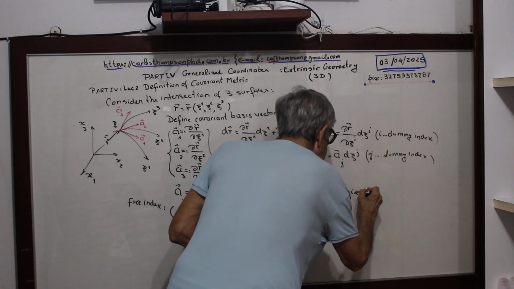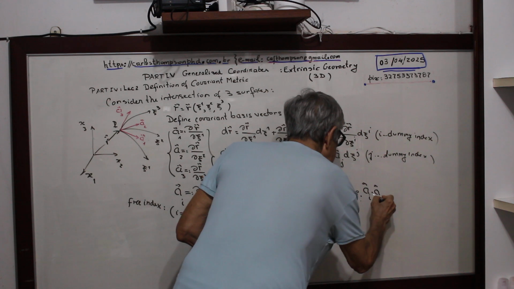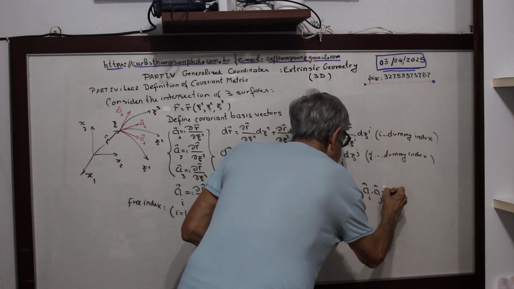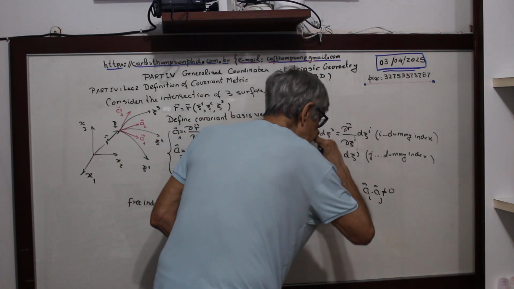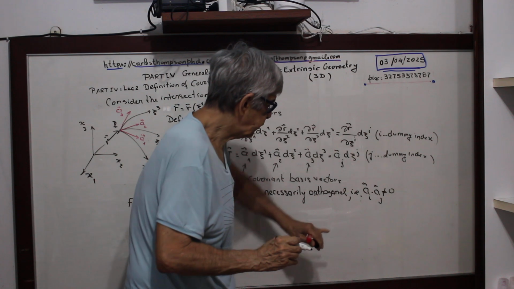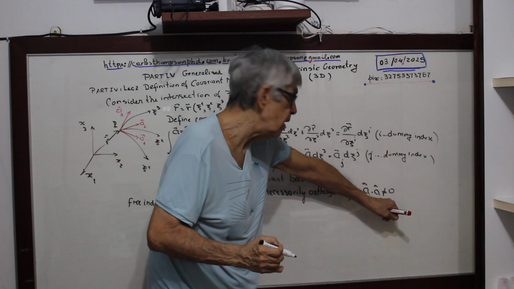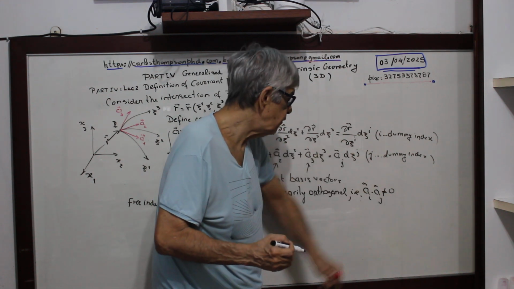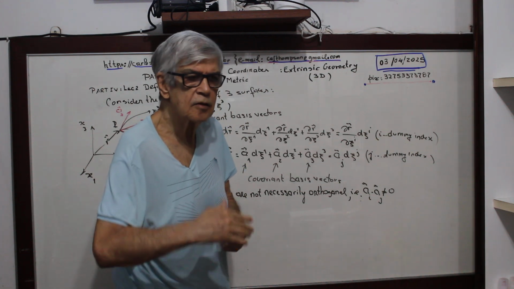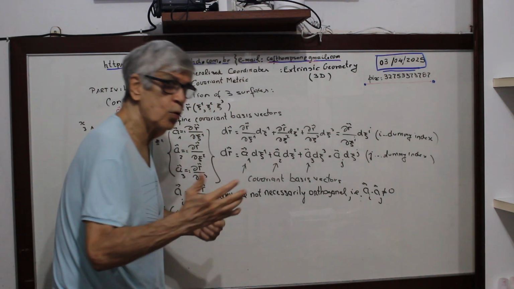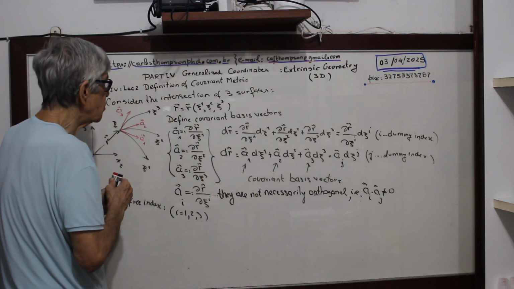That is, Ai dot Aj, the dot product between Ai and Aj, in general, is different from 0. This is a scalar, okay? It could be 0 in special situations, and could be orthonormal, okay? Now, that's a point I'd like to make here.